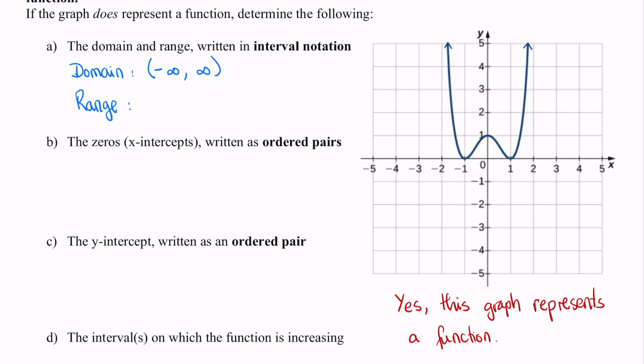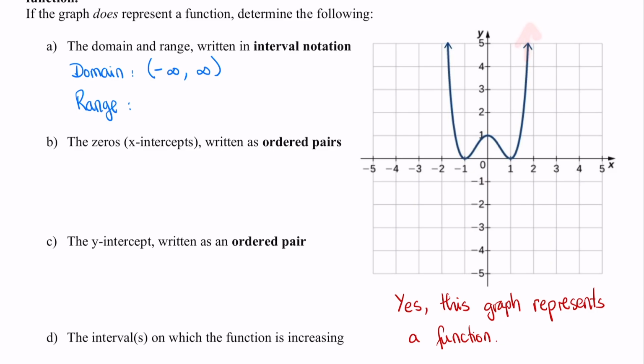The range is all the y values that the graph produces. The lowest points on the graph occur when it touches the x-axis. At this point, the y value is 0. And at this point, the y value is also 0. The graph never goes below 0, and it increases without bound.